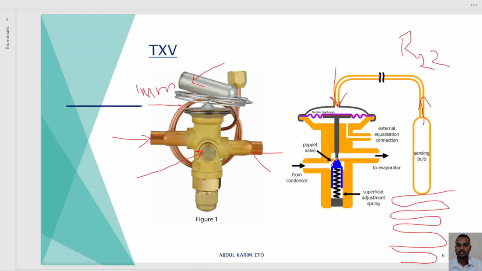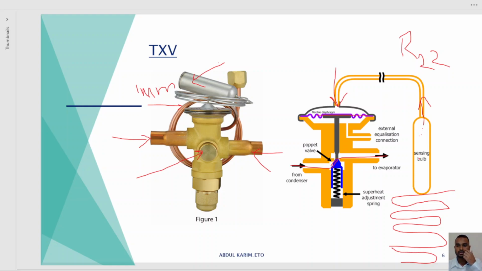As the path is increased, a larger amount of refrigerant will pass through this line. Suppose the evaporator chamber, that means the evaporator outer part, is getting cold because our system is already cold. After that, the sensing bulb will also be cold. As the sensing bulb cools, the refrigerant in the sensing bulb will also be cold.